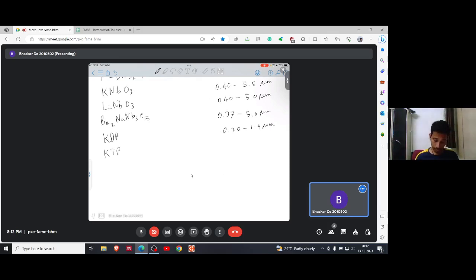KTP has a transparency region of 0.35 to 4.4 micrometer. Then AgGaS2 is 0.5 to 13.2 micrometer. AgGaSe2 is 0.78 to 18 micrometer.